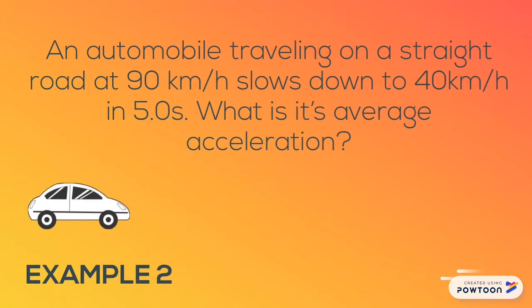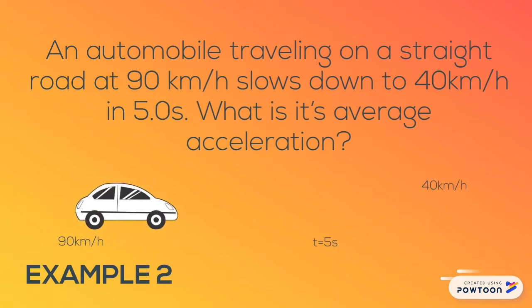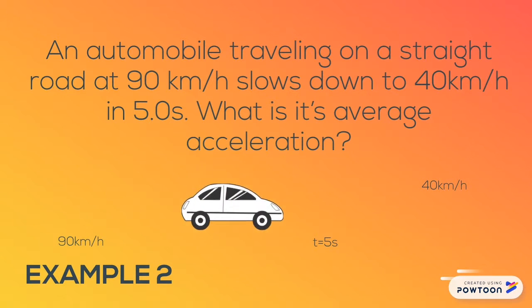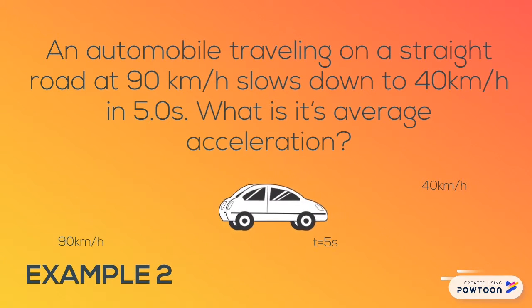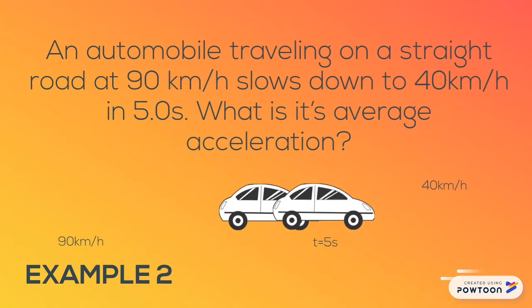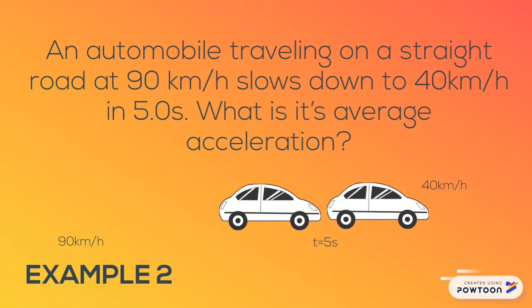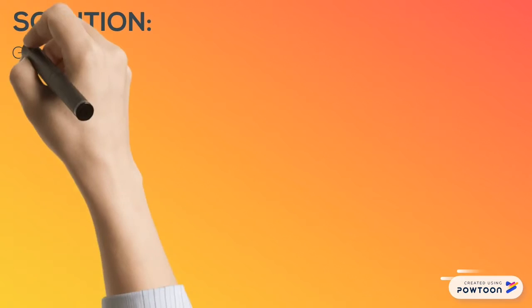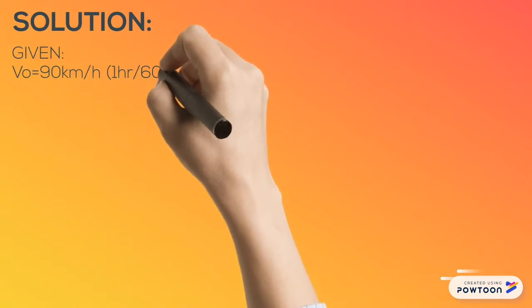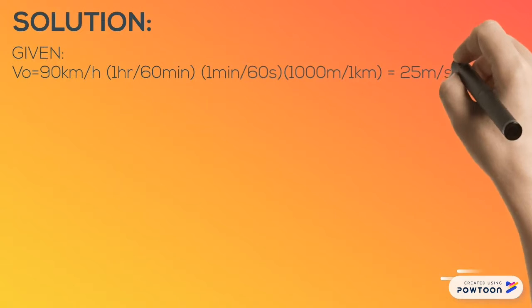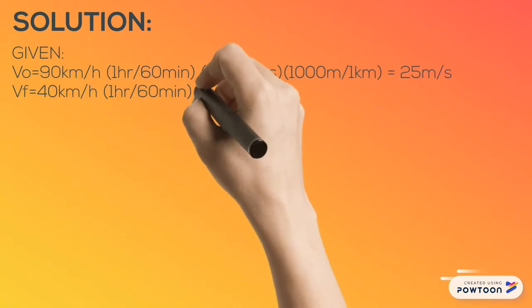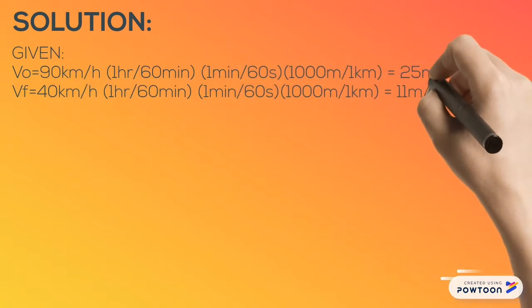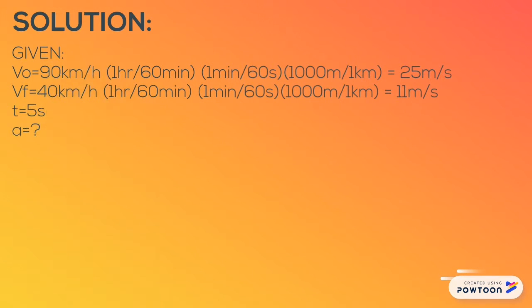Example: an automobile traveling on a straight road at 90 km per hour slows down to 40 km per hour in 5 seconds. What is its average acceleration? For example 2, the givens are 90 km per hour for the initial velocity, 40 km per hour for the final velocity, and 5 seconds for the time.